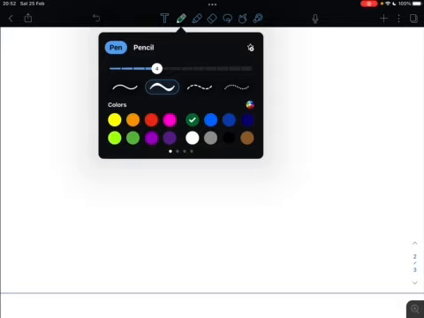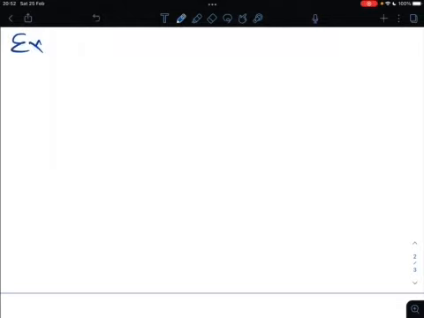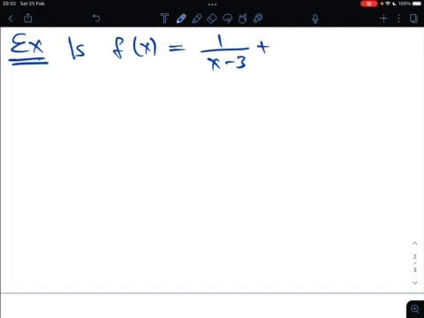Let's see now if we have functions that are neither. A typical example is as follows: is f of x equals 1 over x minus 3 plus 2x squared odd or even or neither?